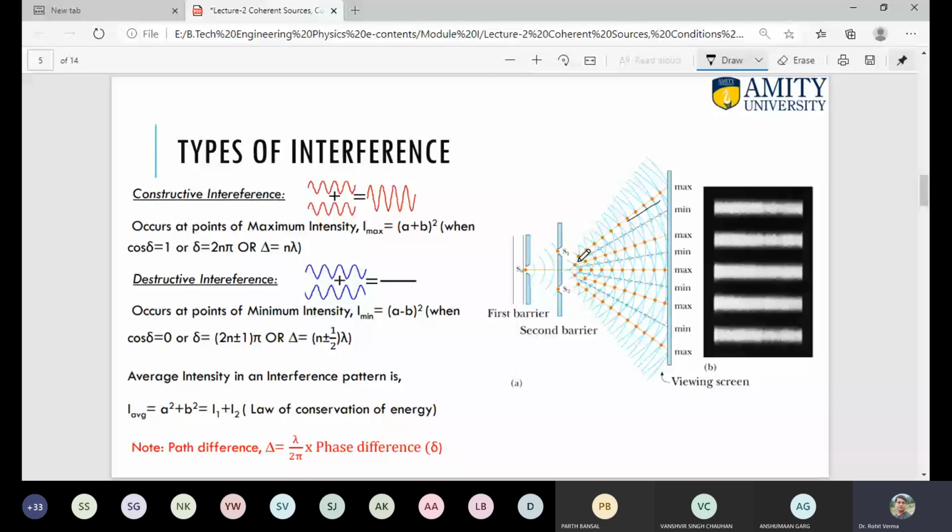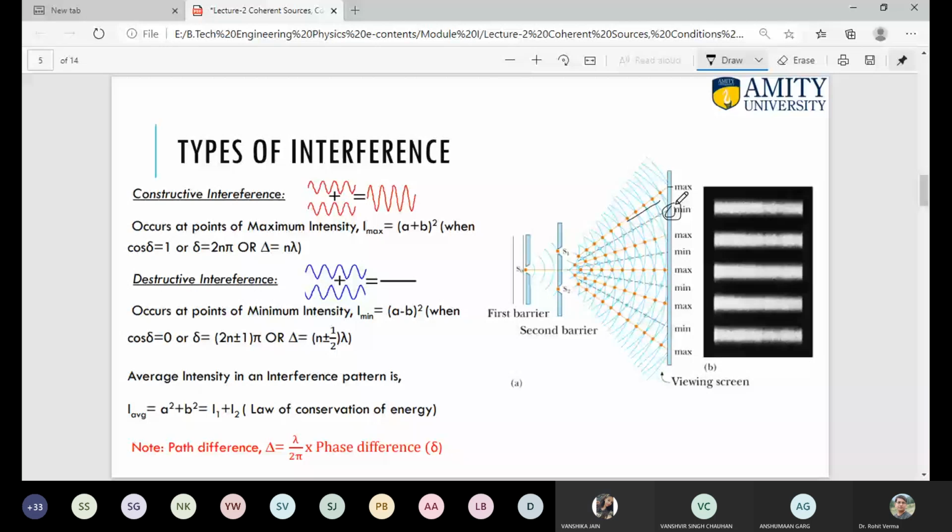And the points at which a crest falls over a trough or a trough falls over a crest, that line will be a nodal line. So an antinodal line is going to meet the screen at the point where you get maximum intensity or bright fringe, and a nodal line will meet the screen at the point where you get minimum intensity.